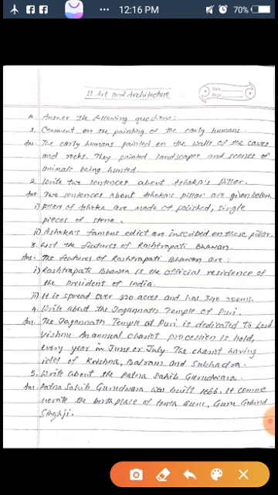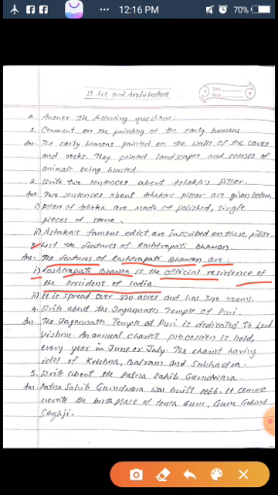Then question number 3, list the features of Rashtrapati Bhavan. The features of Rashtrapati Bhavan are, point number 1, Rashtrapati Bhavan is the official residence of the President of India.